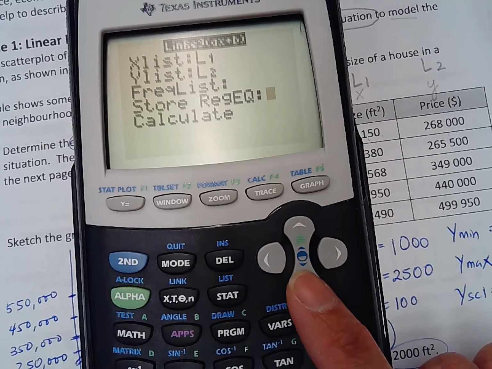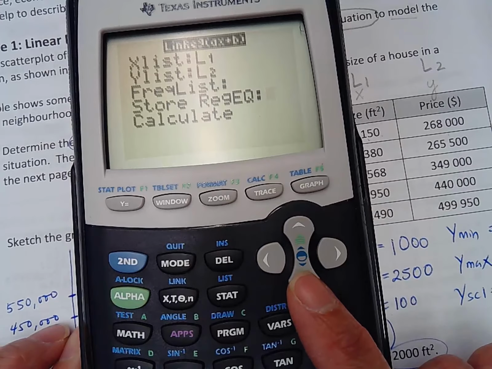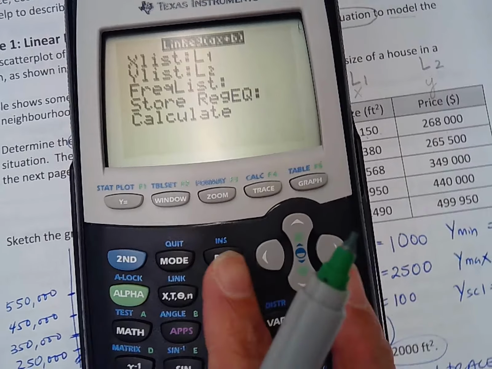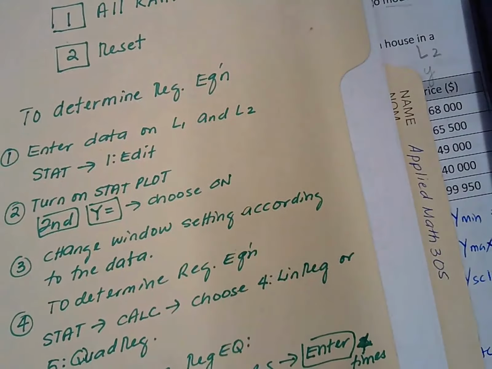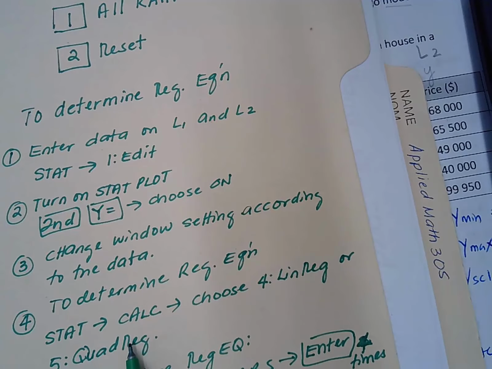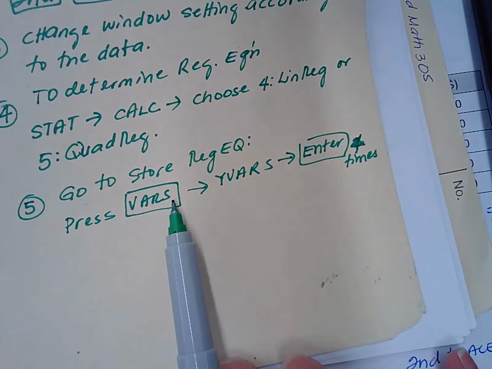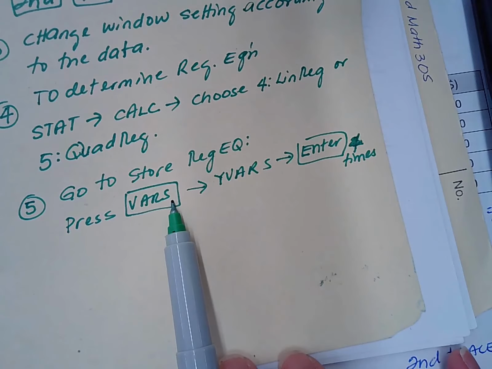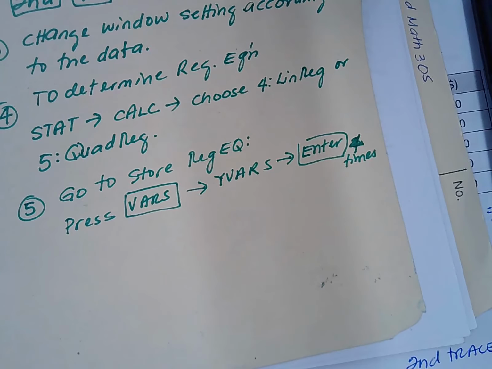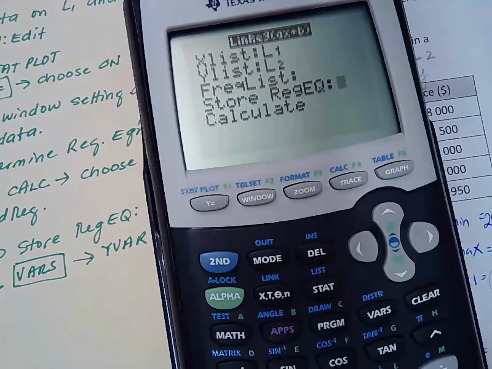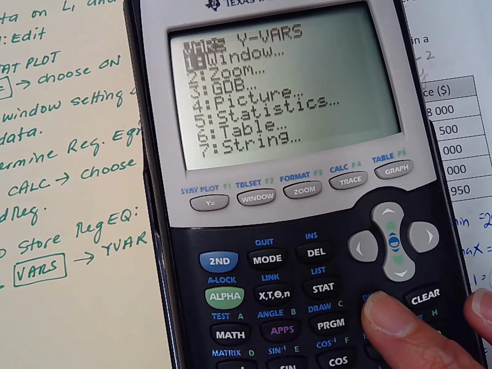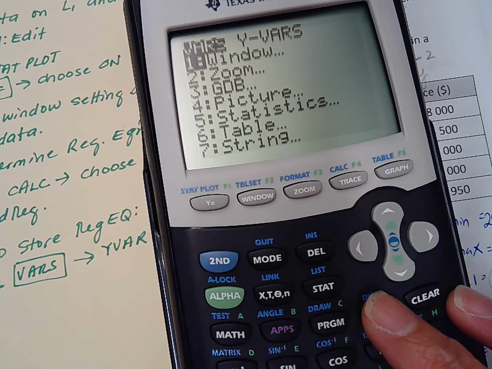Just listen then. Now, we're going to store the regression equation. What do we do next? We're going to store it where? Go to vars. Go to yvars.